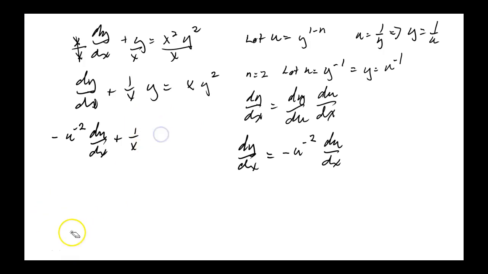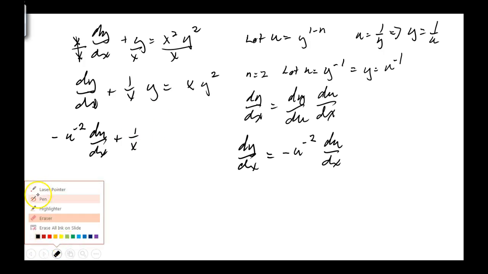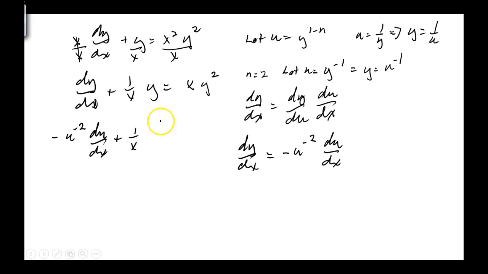We want to plug in what y is. y is 1 over u, from up here. Is equal to x times y squared, which would be 1 over u squared. Well, this thing right here is the same as negative 1 over u squared.